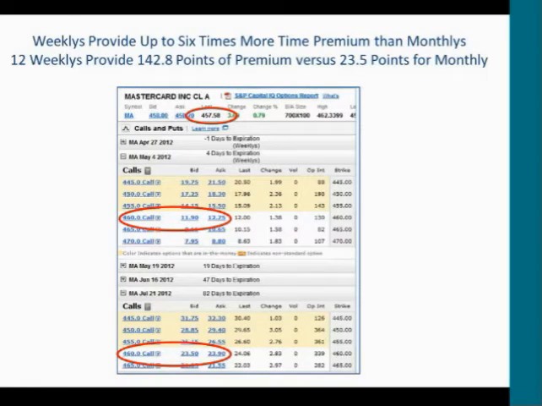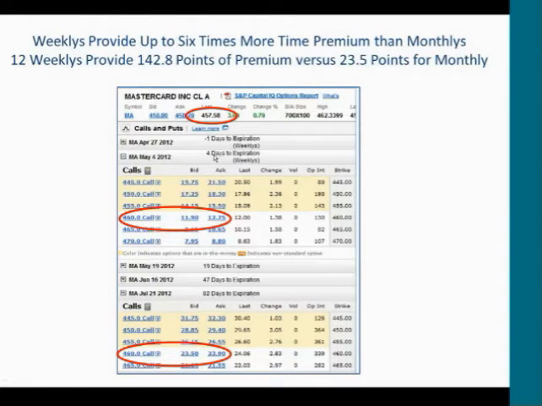So at the time, if you were to sell the weekly option, you would collect $1,190 in time premium, because again, this is an at-the-money call, and that's for a weekly option that had 4 days to expiration.